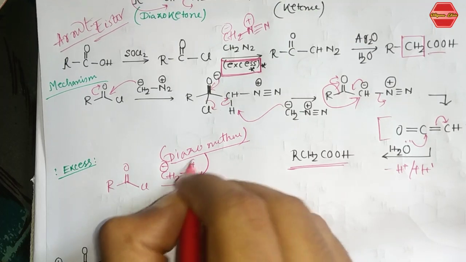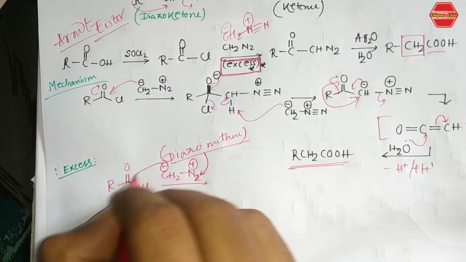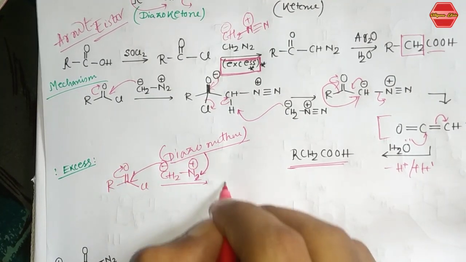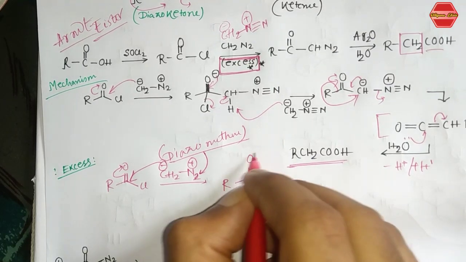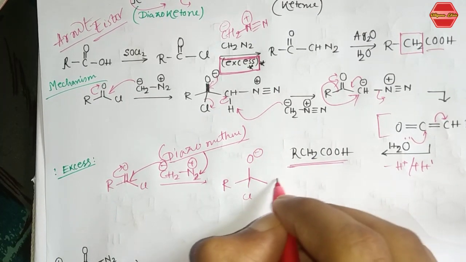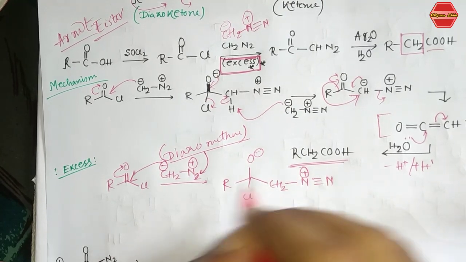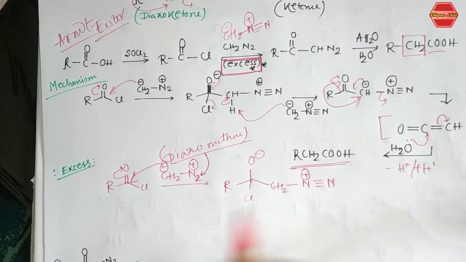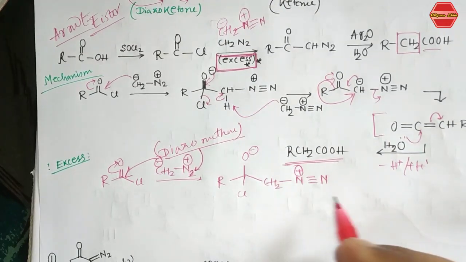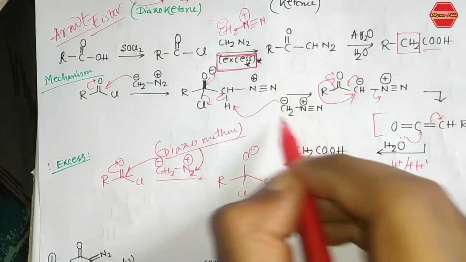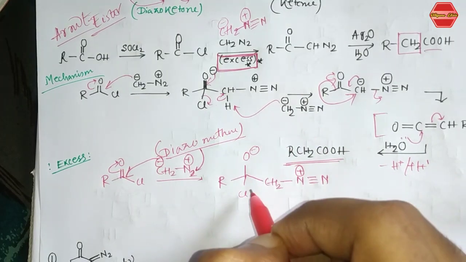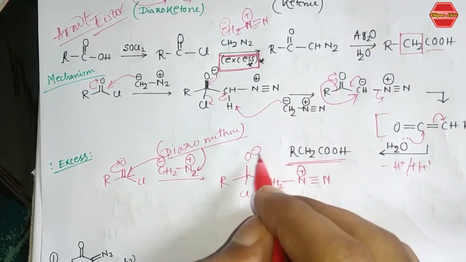Now this is positive, here is negative, here is positive. It will attack over here, this bond like this, O minus, here is your Cl, here is your CH2 and N2, right? Now if the excess is not used in this reaction, then this step will not operate, so then what will be the product?